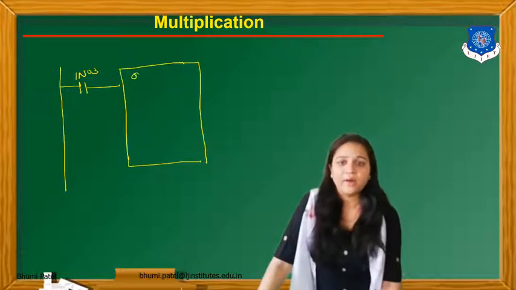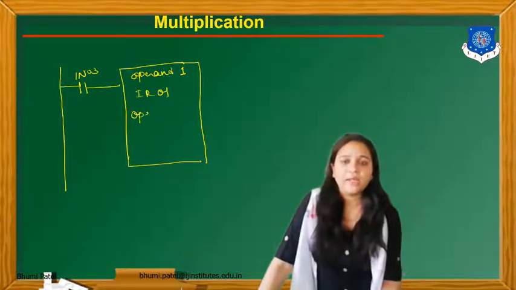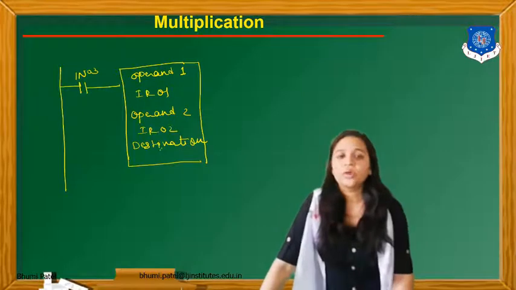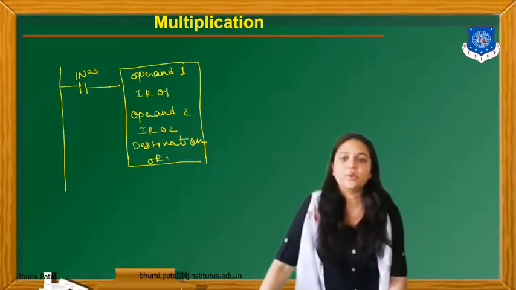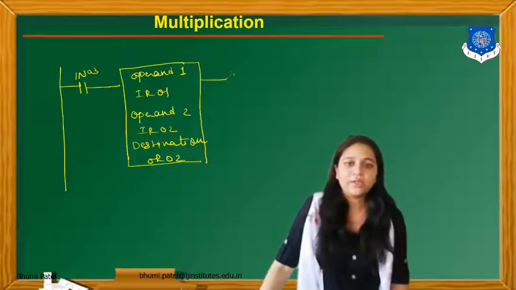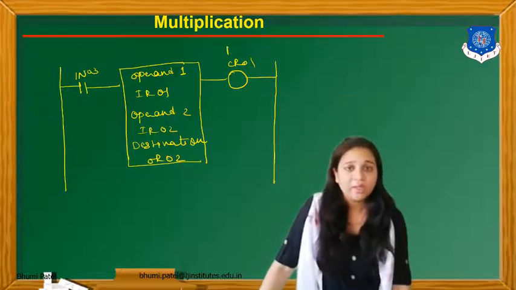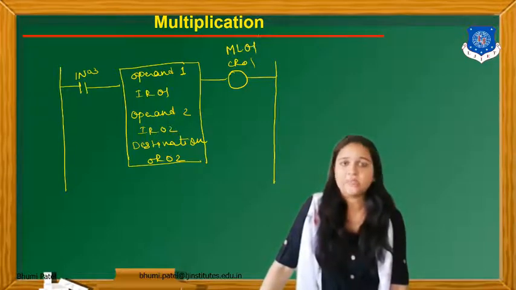Operand 1 we take in IR01, and operand 2 has the address IR02, and whatever the answer is, we save in a destination. The destination address is OR02. What is the command for the multiplication? If we have to multiply two numbers in this PLC program, we write ML01.